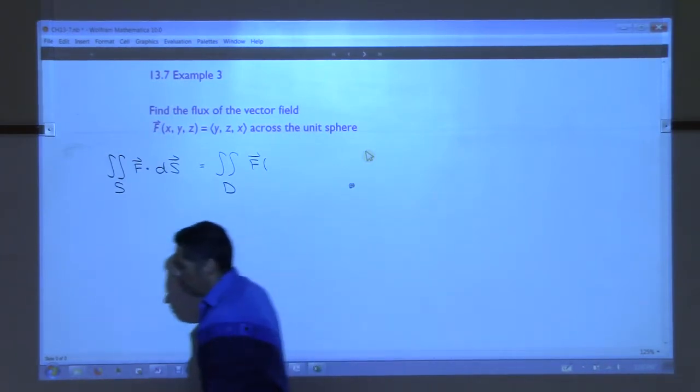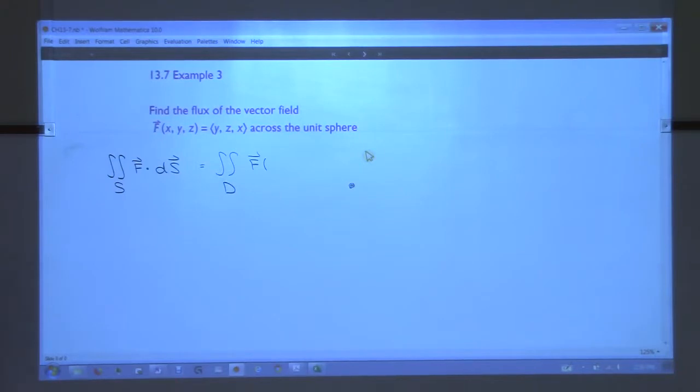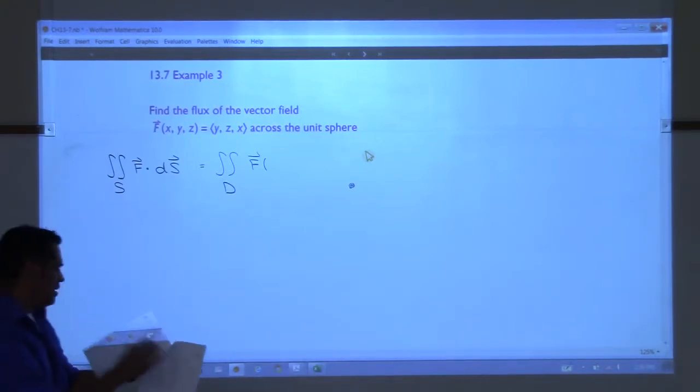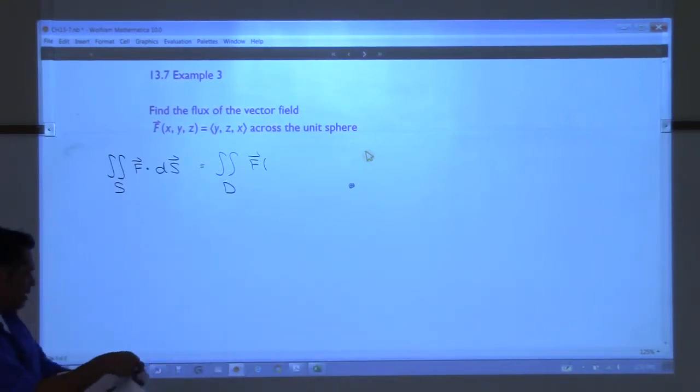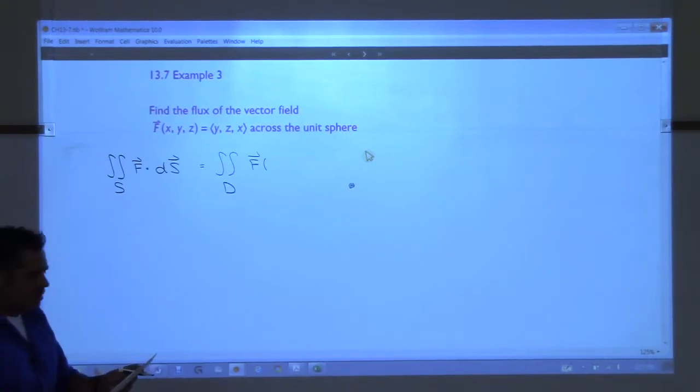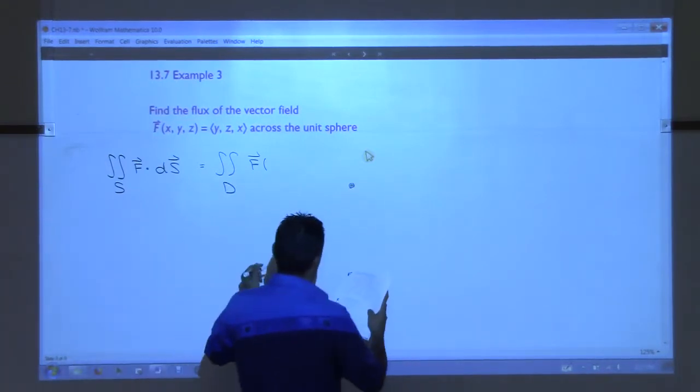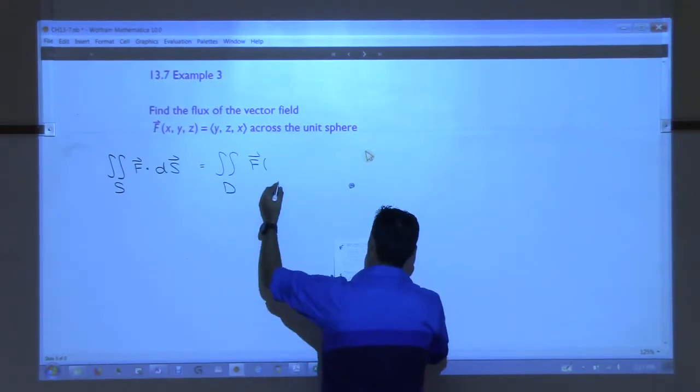I put formulas A, B, C on your formula sheets, so we could refer to these. I'm using formula E, the one that's boxed, but I'm going to do a little bit more.